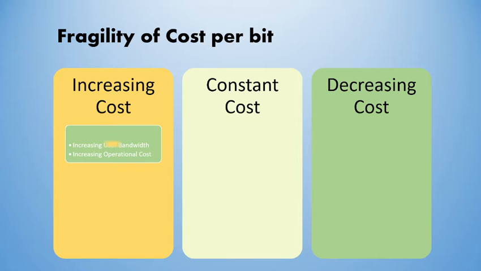So, for example, let's take the increasing cost. The formula is that you take the actual total cost of the operation of the company and you divide it by the number of bits that have been provided to the customer. Sometimes your users' data usage is increasing, which should bring the cost down, but you have an increasing operational cost as well.